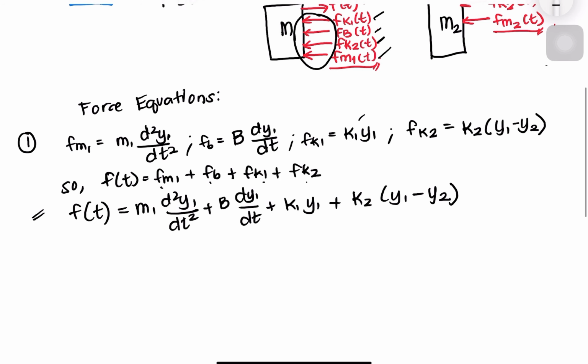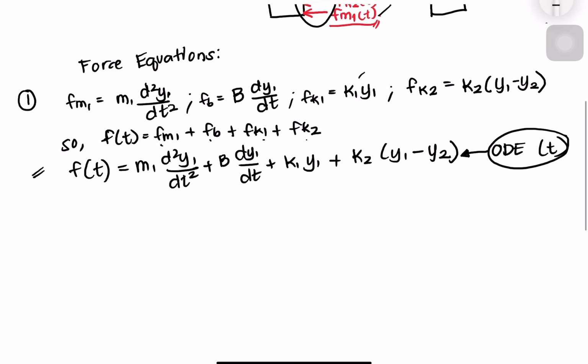So now this is the ODE, and this is still in the time domain. So here we can use the Laplace transform. We need to take the Laplace transform of both sides, because we need it in the s domain.